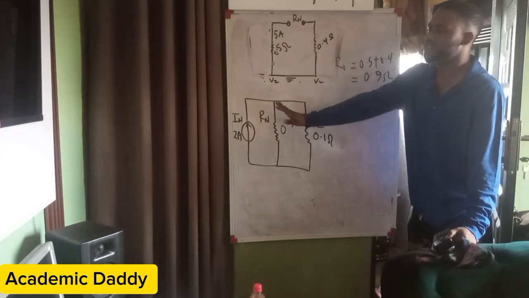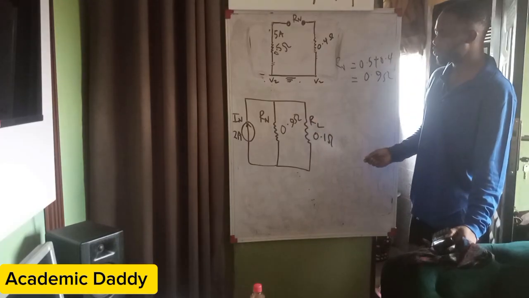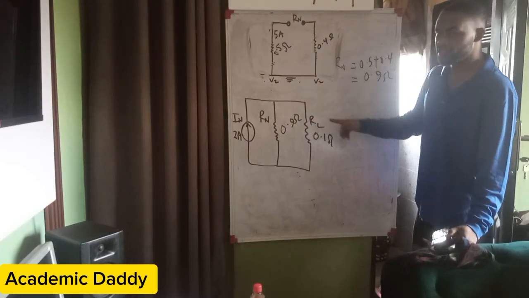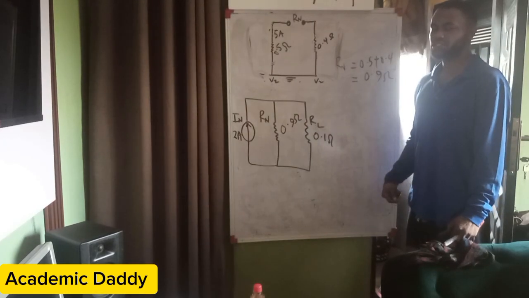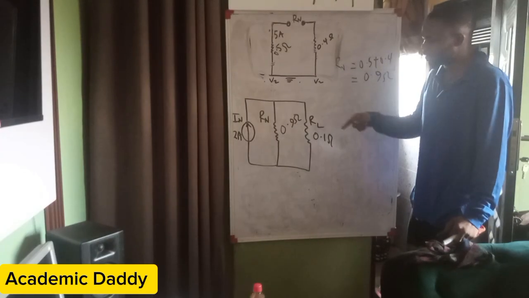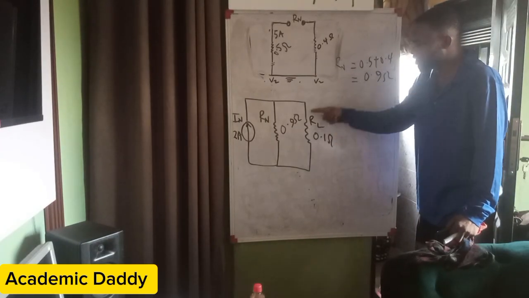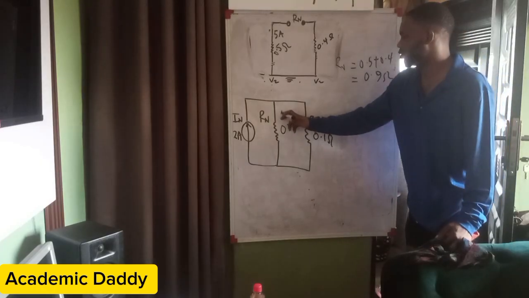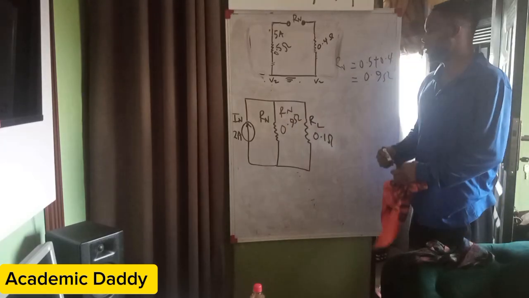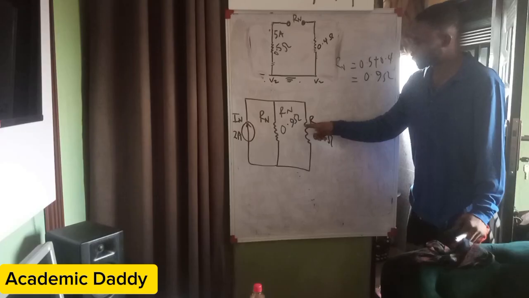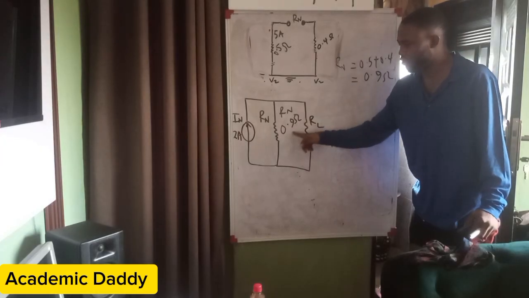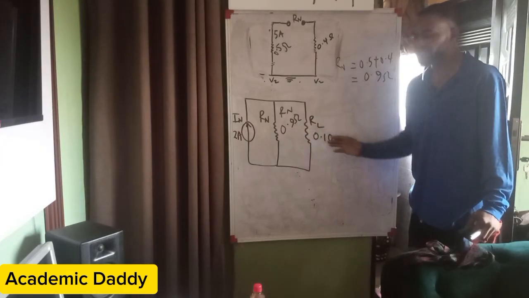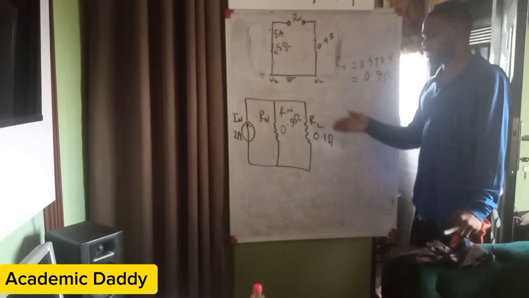Let's say you are given this Norton circuit and they ask you to find the current in this. So the video is getting long. Check out the next video so that you see how to find current in this load resistor. Or remember, this is Norton Rn. Maybe instead of doing this, they ask you to find the current in this Norton's resistor. Whichever one they ask you, in our next class we'll find it.